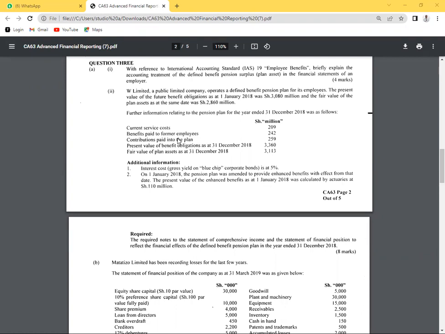Write the word actuarial nicely, not actual. It's supposed to be actuarial. Actuarial gain or loss for the plan, but this time round for the obligation.